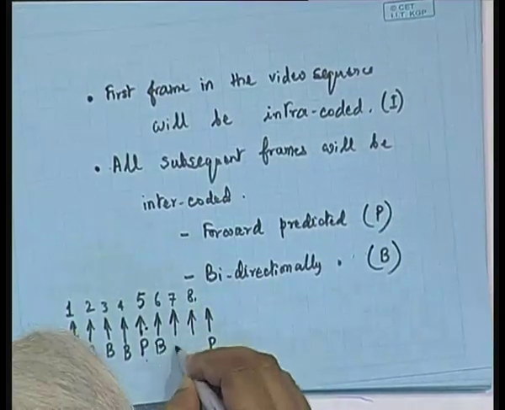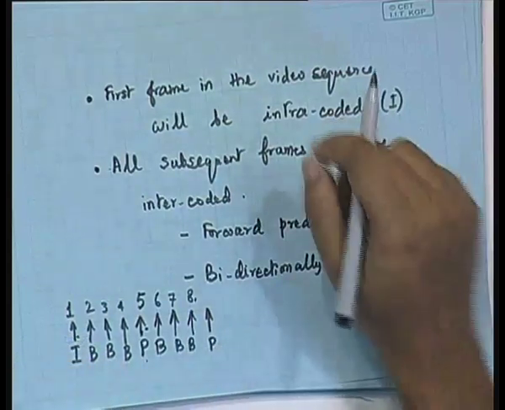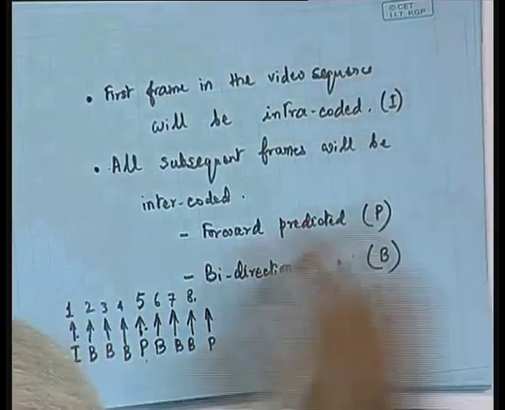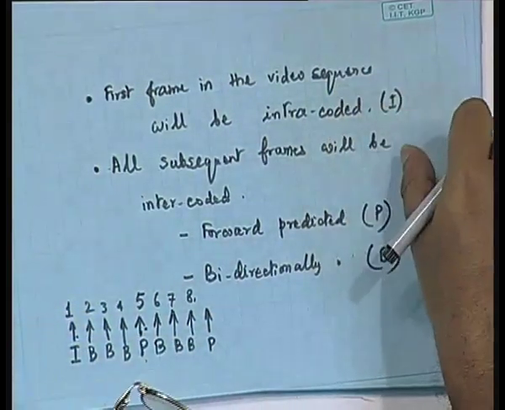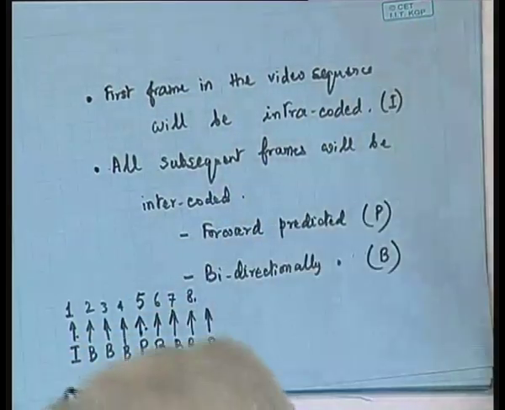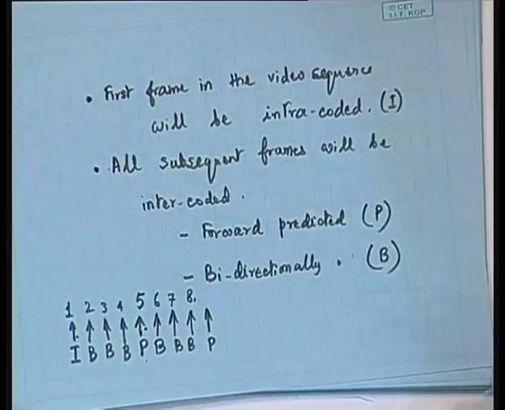So, all these frames 6, 7 and 8 would be B frames. So, this is the sequence of frames: I, B, B, B, P, again B, B, B, P, like that.